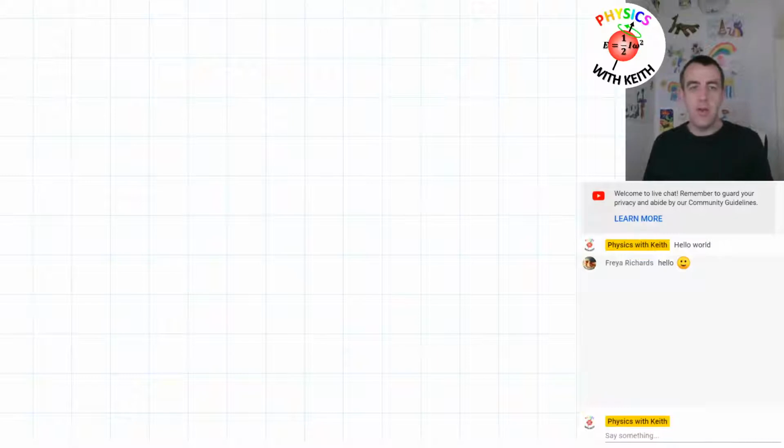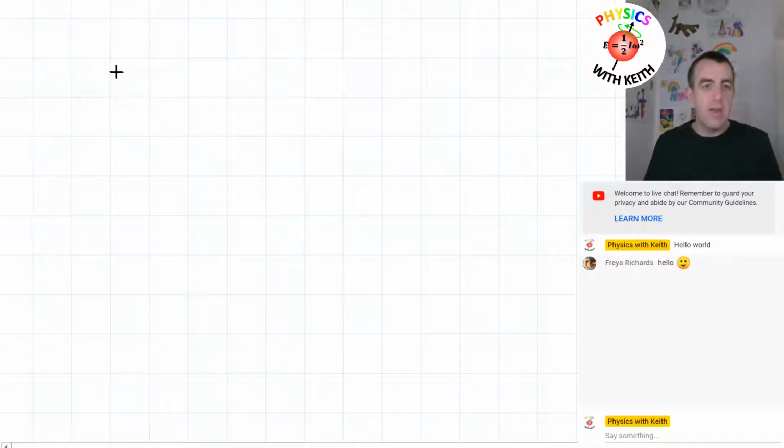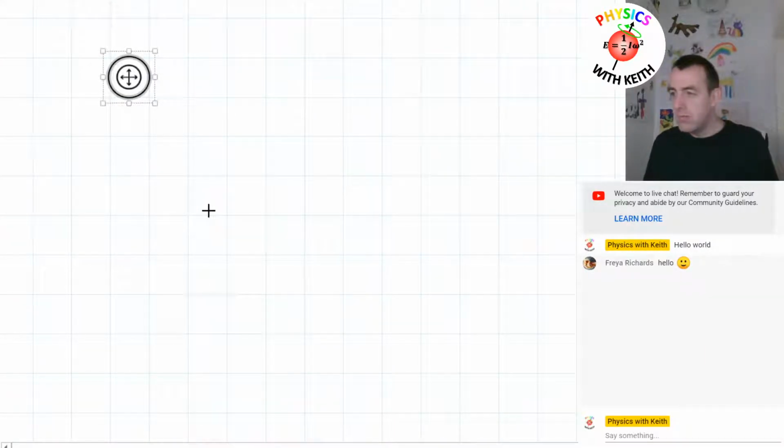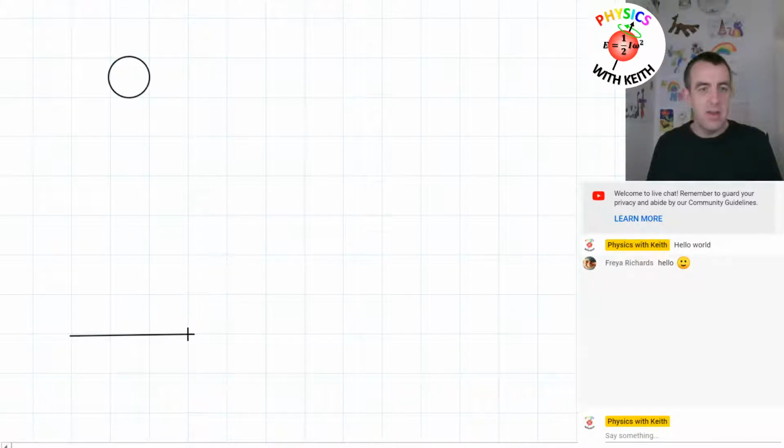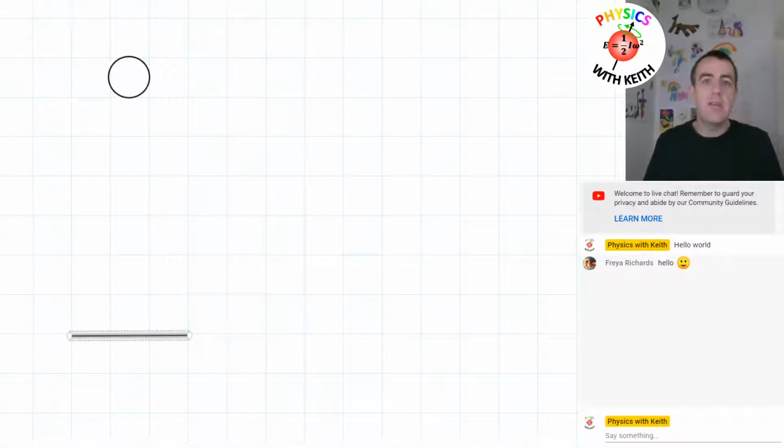So here we go. Let's start where we finished. If you imagine we have an object, maybe it's a ball, here it is, and it is some height above the ground. I should probably have mentioned that you might want your pencil, your paper, or a pen and paper, your calculator perhaps. Make sure you've got those with you.